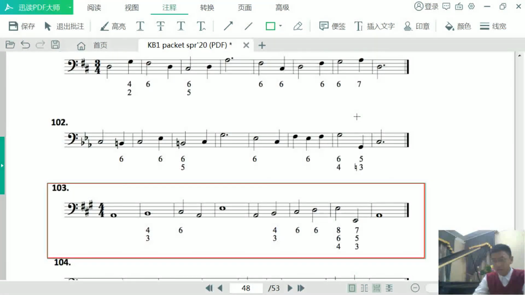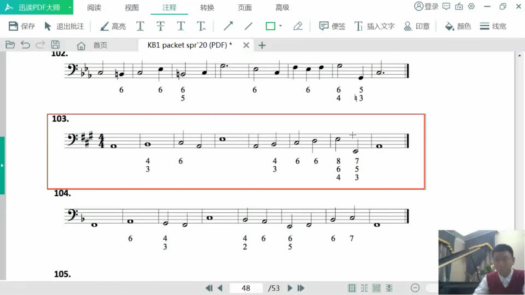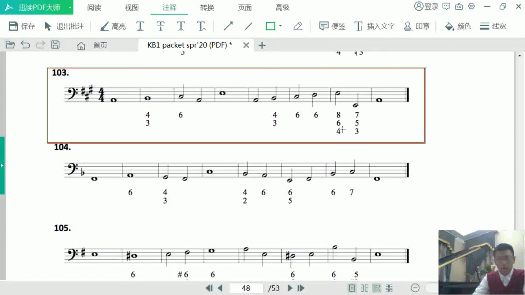Because without any practice, you will not be familiar with any chord and any content that we study.